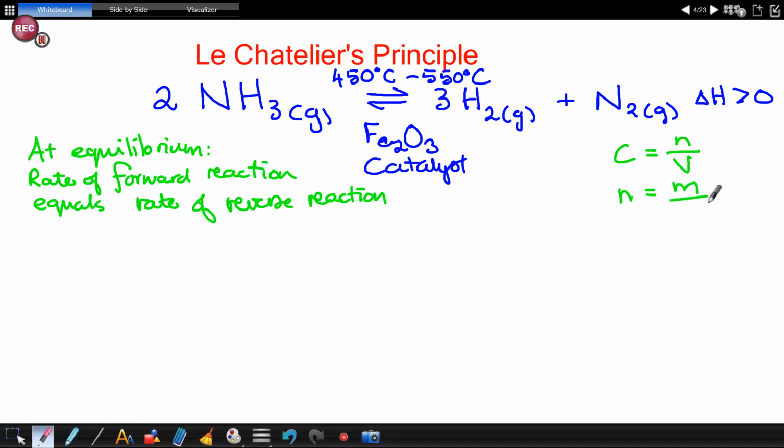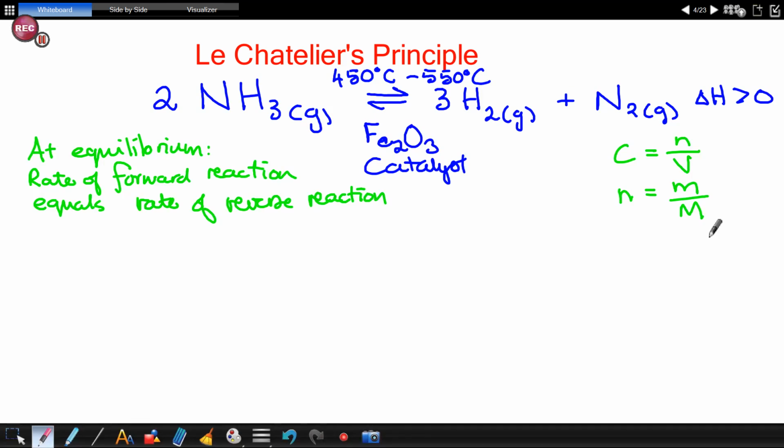Moles is technically the mass per molar mass. So mass, volume, moles, concentration, all those are ways of measuring the amount.